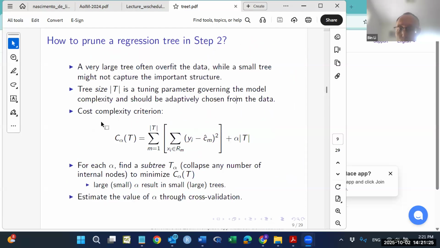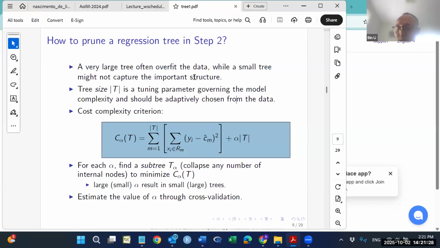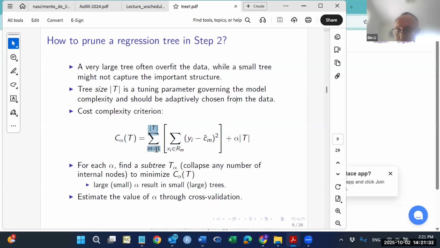So we have this cost complexity. This is the summation from 1 through the tree size, which means at each terminal node, at each leaf, we have a summation. Within the summation, this is the sum of squares error for each leaf.